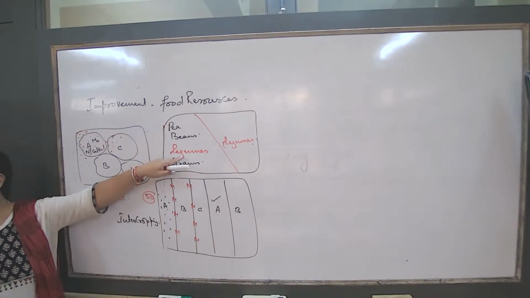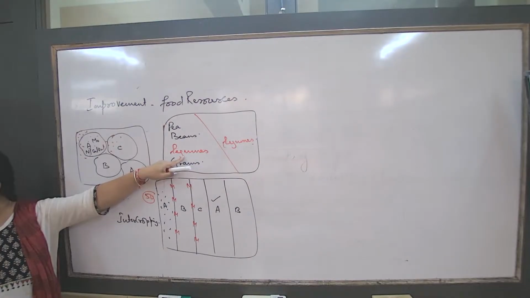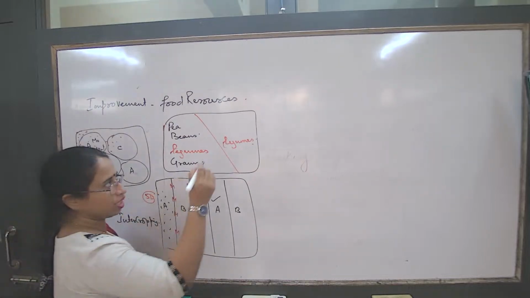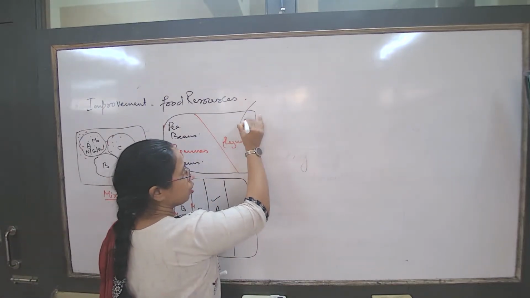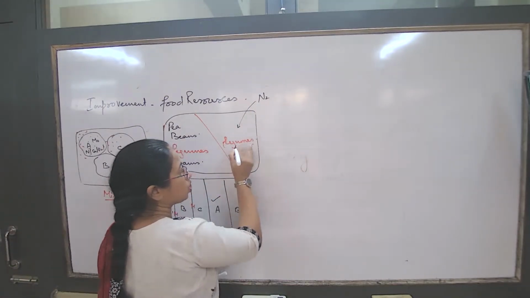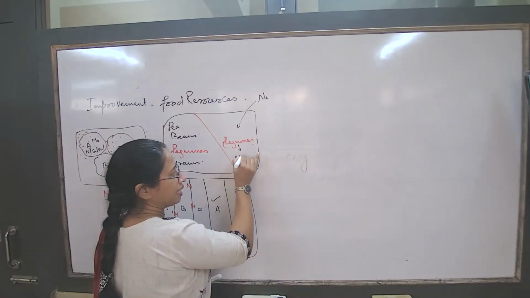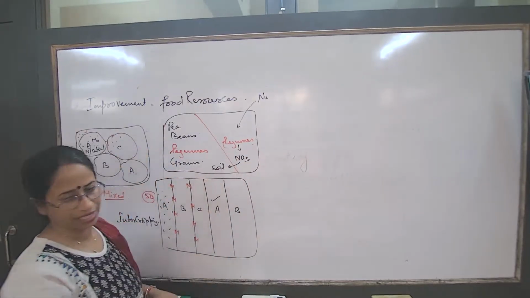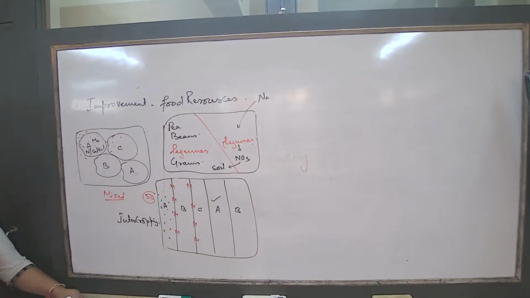So what is the advantage of growing the legumes? Number one, productivity, of course. Second, the land is becoming fertile on its own. Why? Because these legumes can trap the molecular nitrogen and convert it into nitrates, and these nitrates will enter into the soil and get dissolved in the soil water, and the plants will be able to absorb them. That was the concept we had studied the other day.